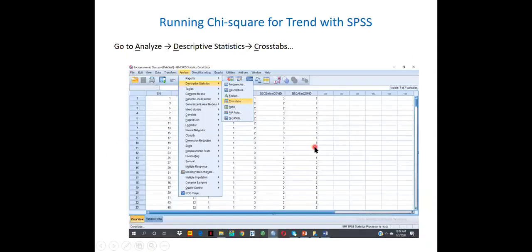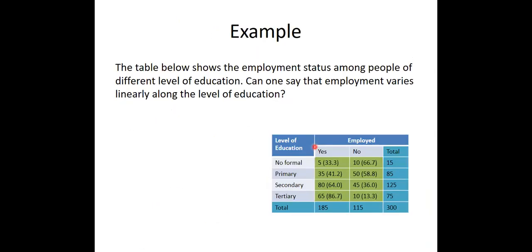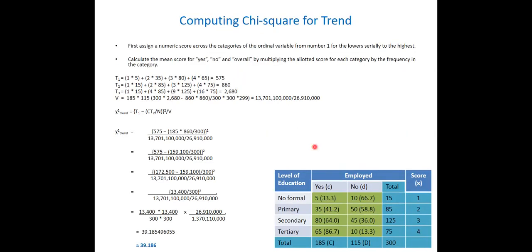Hello, sir. Yes. Sir, please, I want to ask, this chi-square for trend, you can only run it for ordinal variables and not nominal variables. What do you mean by that? Yeah, what you are saying is a half truth, because you have to say that you are using it for a binary outcome and an ordinal exposure.